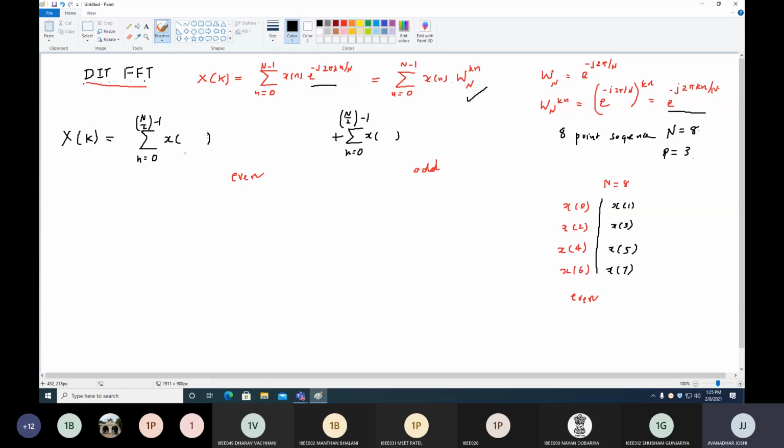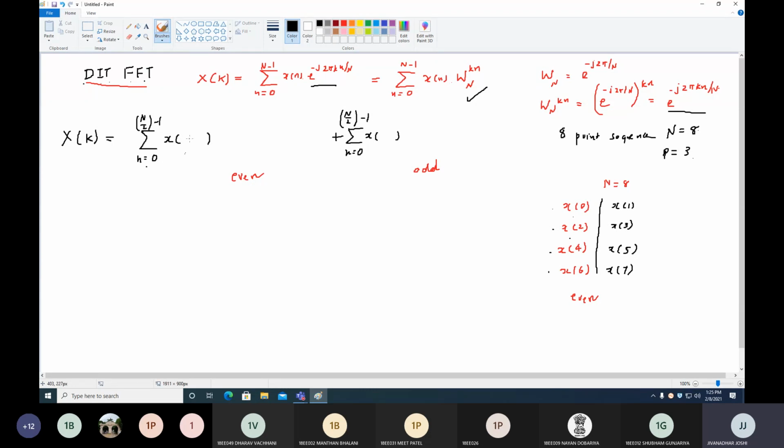So I need to arrange the index such that when I vary n from 0 to N by 2 minus 1, it will pick up x of 0, x of 2, x of 4 and x of 6 only. Means when n equal to 0, it should pick up x of 0. When n equal to 1, it should pick up x of 2. When n equal to 2, it should pick up x of 4. And similarly, when n equal to 3, it should pick up x of 6.